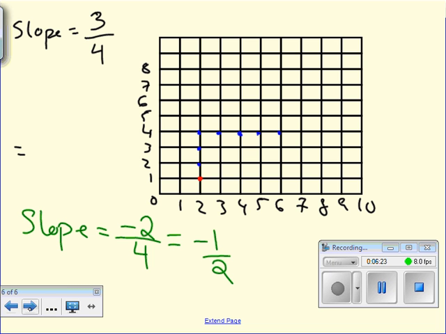So where I end up is my second point of my line. I connect the dots. And the second point in this case is going to be 6, 4. So using my slope equation, rise over run, and a starting point, I can actually get to the next point on my line just using this slope.